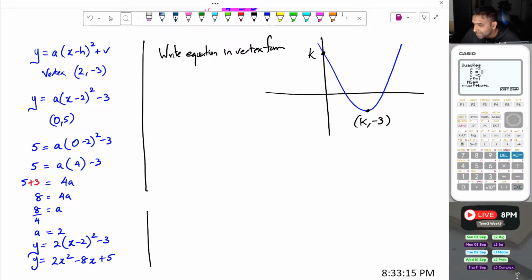So that's the vertex form right there. Sorry, I'm going to throw you in the deep end and give it a go. Look, what's the worst that could happen? You make a mistake, you learn from it, right?